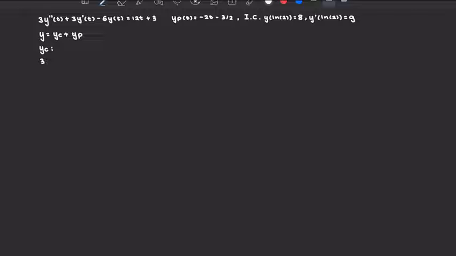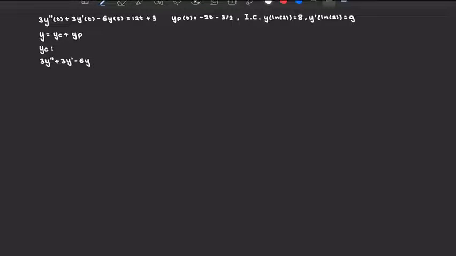So let's write this down as a homogeneous equation, which is 3 times the second derivative of y plus 3 times the first derivative minus 6y equals 0. And we want this equation to be monic.